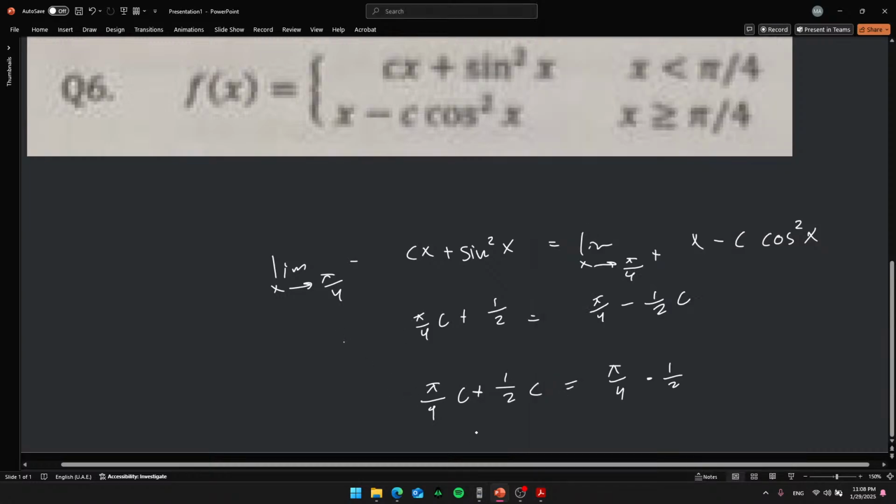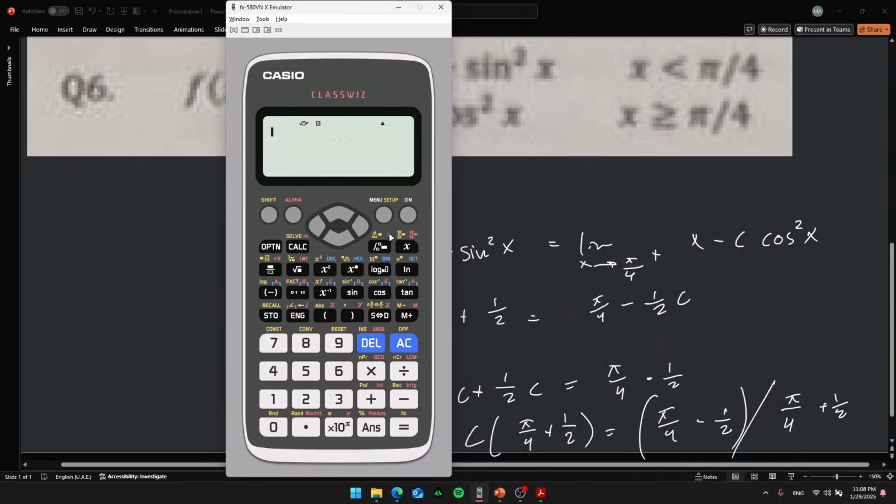So maybe I'll get c as a common factor. Pi over 4 plus 1 half c equal pi over 4, minus 2. Then divide it by pi over 4 plus half. Okay, and we should get the value of c then.